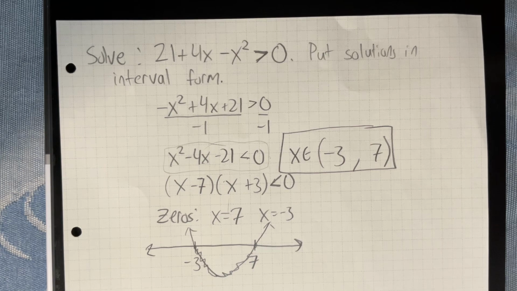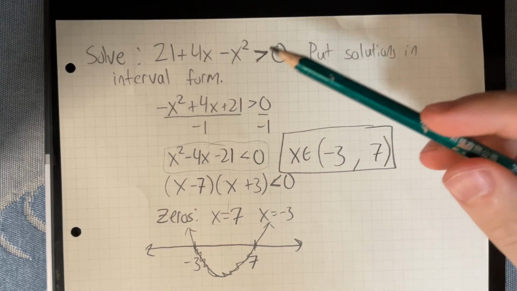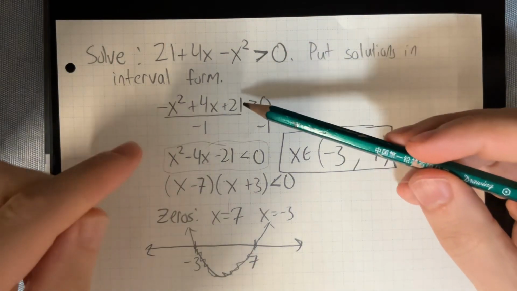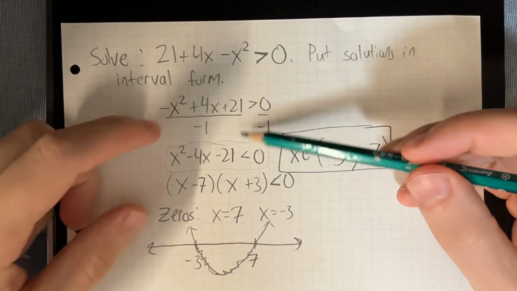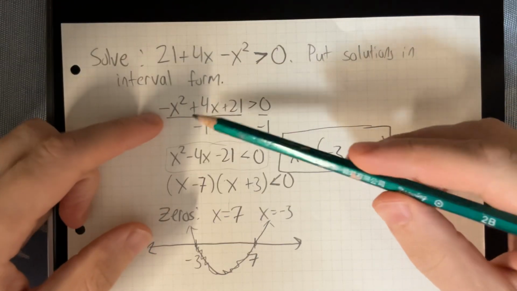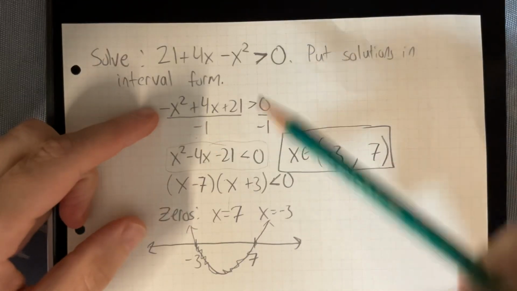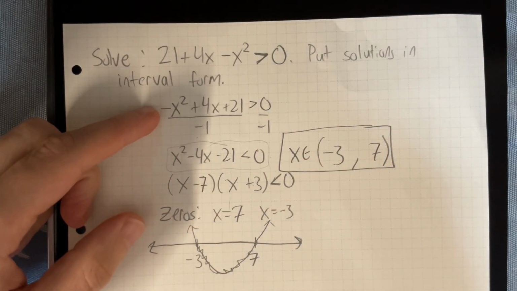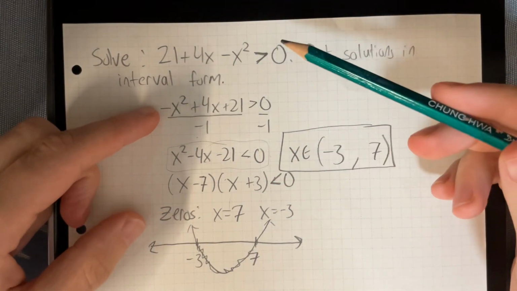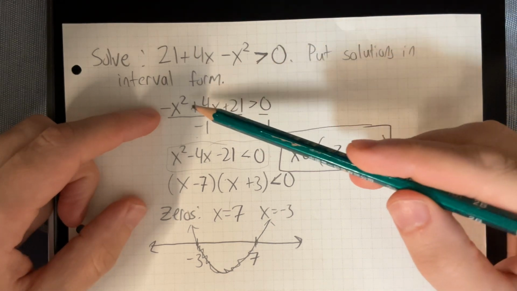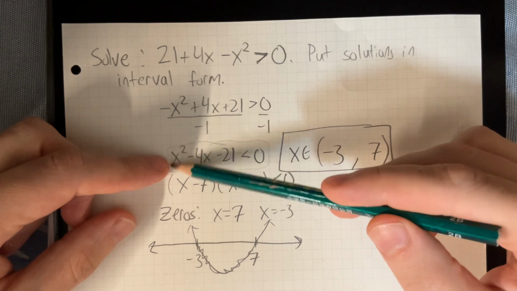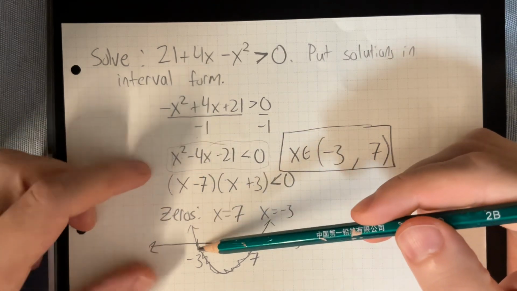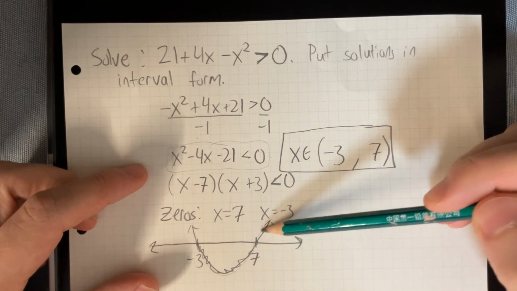All right, quick explanation. So, if I go back to the beginning, you should put it into standard form so it's easy to factor. Now, technically, I didn't need to divide by -1. I could just factor it with the lead coefficient of -1, but I like to get that lead coefficient to be positive, so that always, if the lead coefficient is positive, you're going to be opening upward.